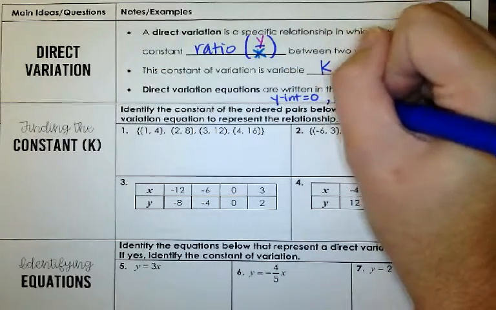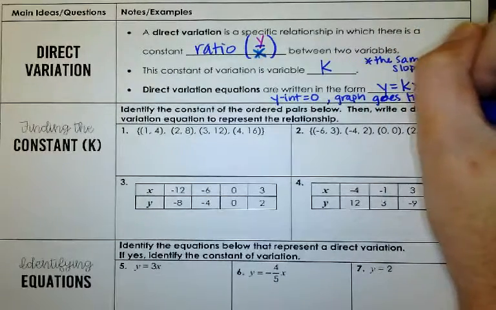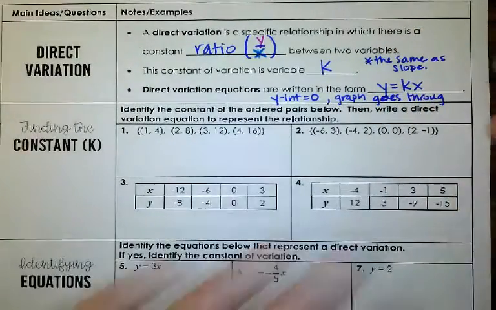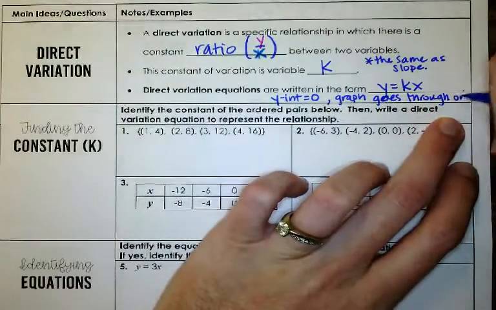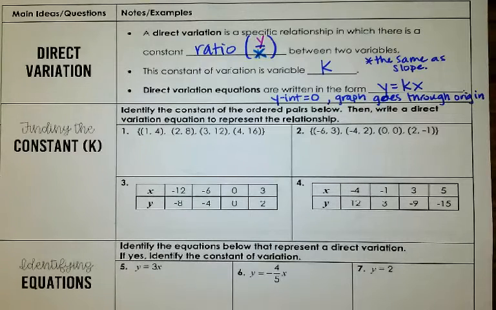And so the graph goes through the origin. All right? So if your graph goes through the origin, it's direct variation. If it doesn't go through the origin, it's not direct variation. So if we have a y-intercept of 0, it's direct variation.